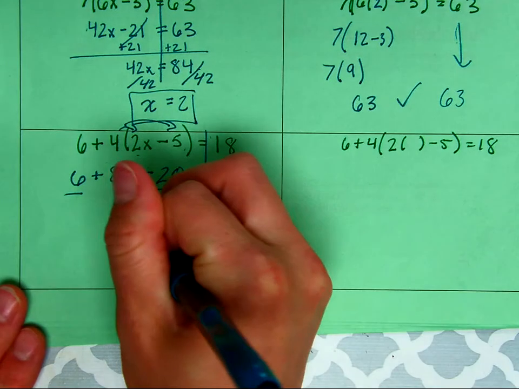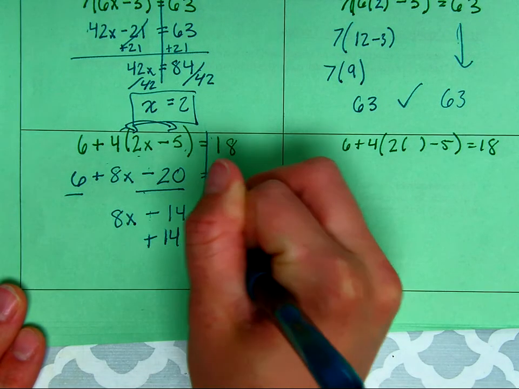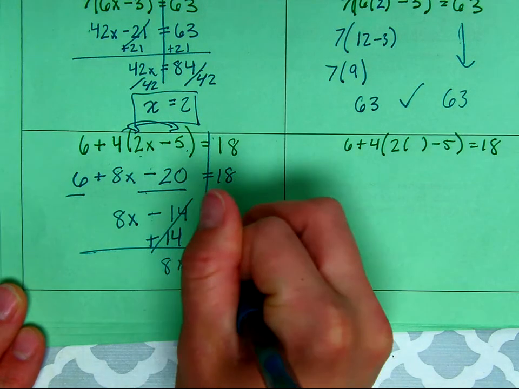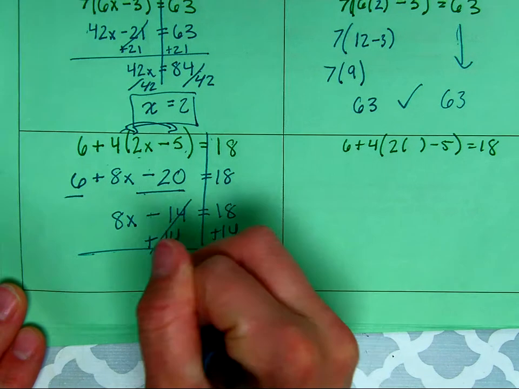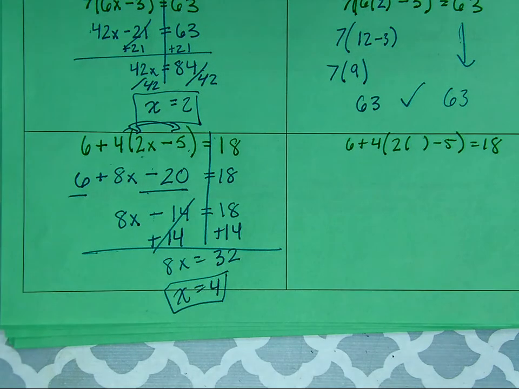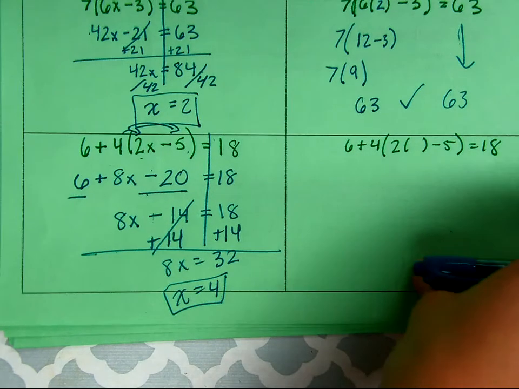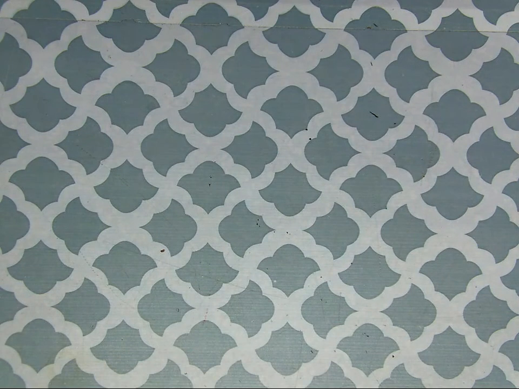So either way, when I go to cancel it, whether you have it written as a negative or subtraction, you add 14 to both sides. I get 32. So when I divide, I get x equals 4. Okay, and I'm not going to take the time to check this one, but you should. So next slide, we're going to do 5 more practice problems.